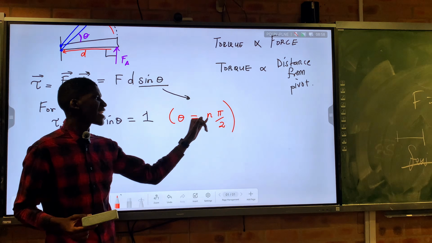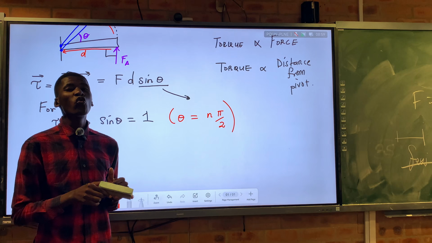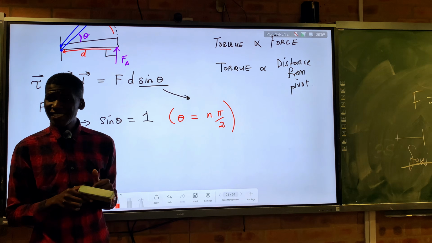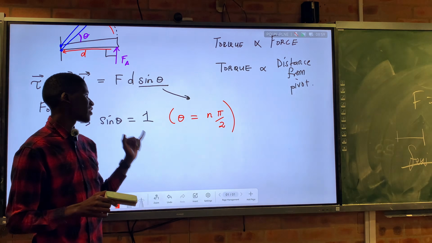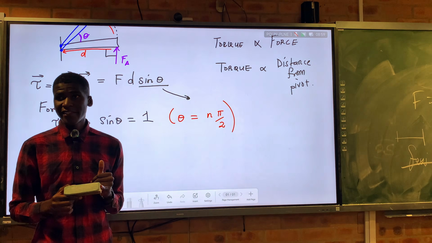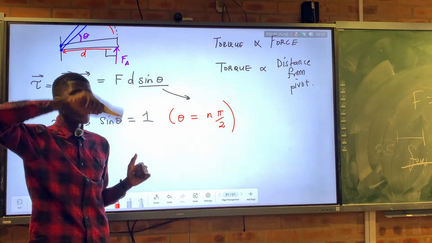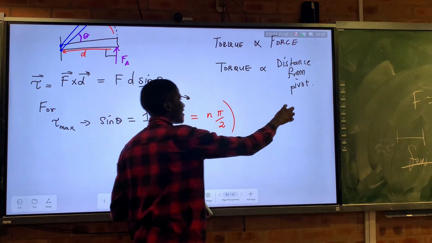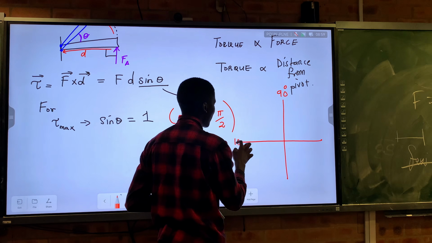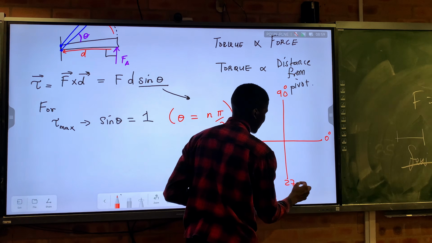It means if I put another angle, let's just say we go to 270 degrees, sine 270 degrees is going to give you what? 1 as well, in magnitude. So even if you keep on rotating multiple times, as long as you are on the vertical axis, I'm sure you know these angles: we have 90 degrees here, 180, 0 degrees here, and 270 degrees.